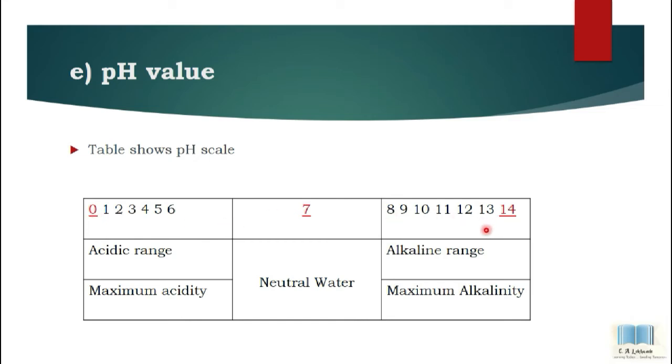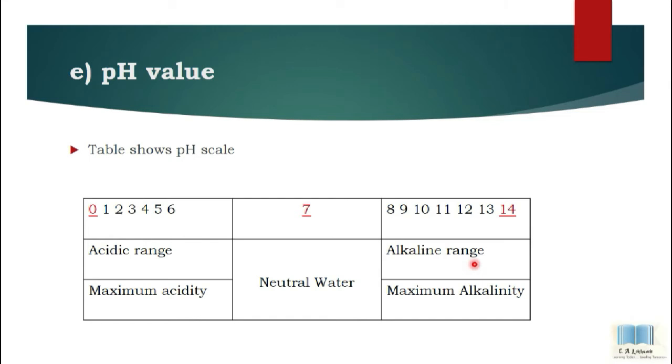From this table we can say that if pH value is 0, then the solution is acidic. And if pH value is 14, then the solution is alkaline.